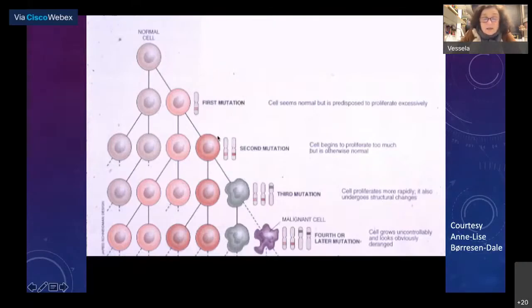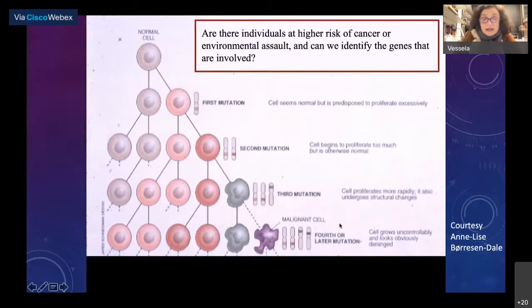really increased proliferation. If a second mutation occurs, then the cells begin to proliferate much more, which in a way brings proliferation itself to replication errors and accumulation of more and more mutations and occurrence of malignant cells.